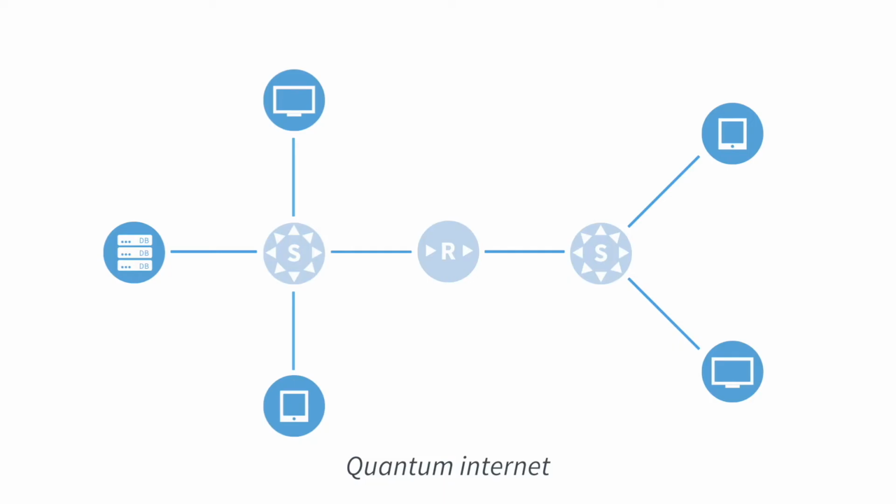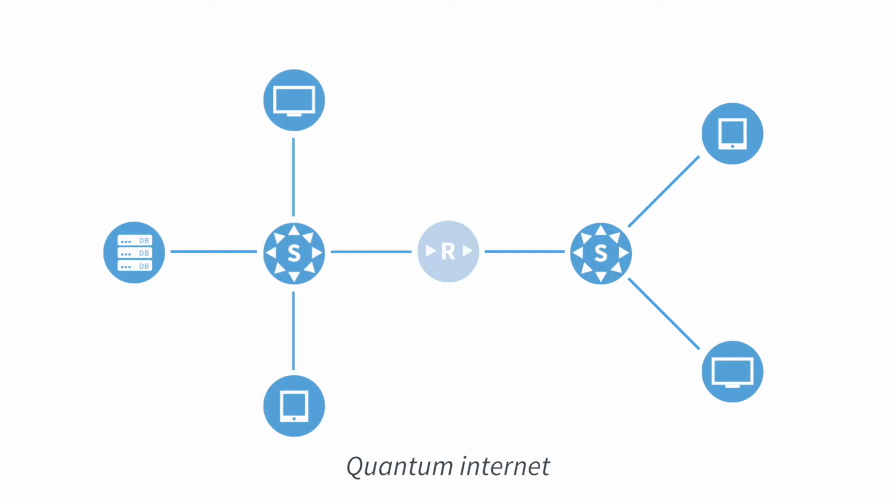But instead, fibers run through central points, where there are switches that direct the bits in the right direction. If you want to build a quantum internet, then similar to a classical internet, you, for example, want switches that are capable of switching single qubits.